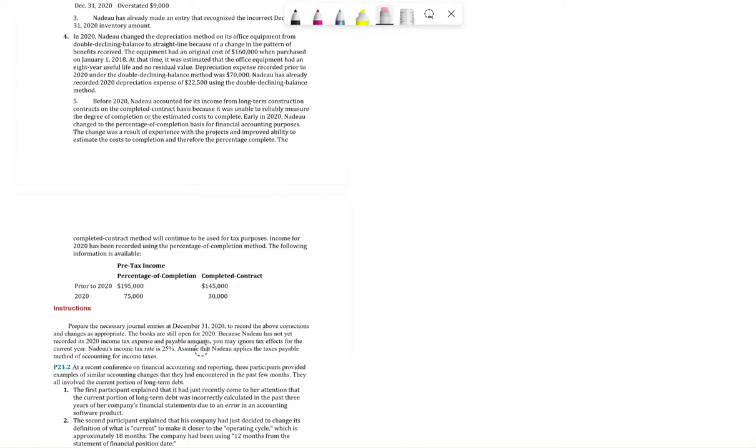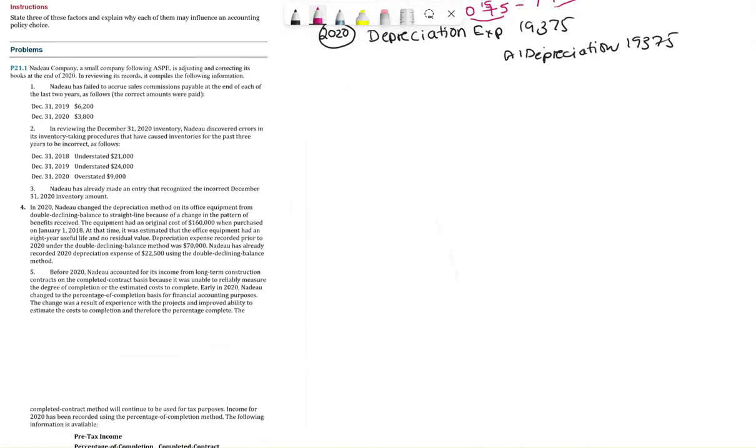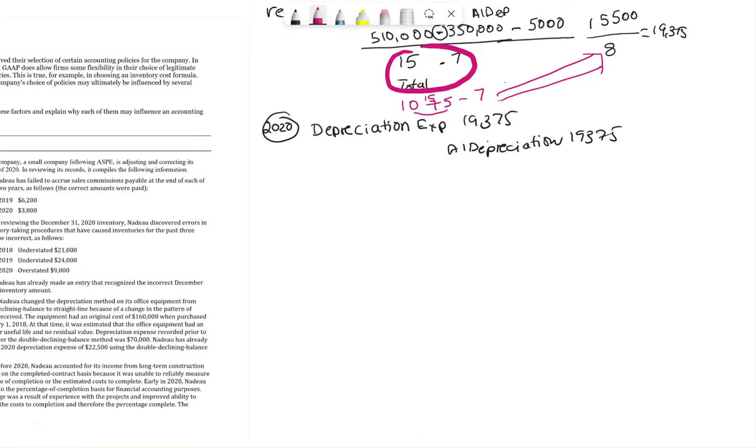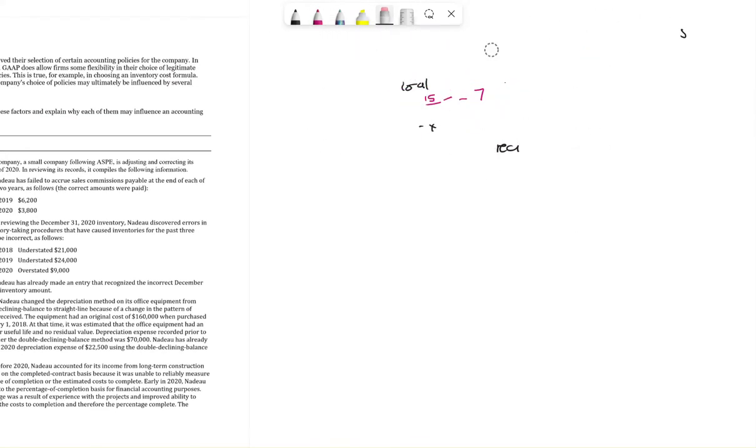They told us the company's income tax rate is 25%, so we need to account for the income tax and adjust for it. Let's do each one and see what entry we need to do.